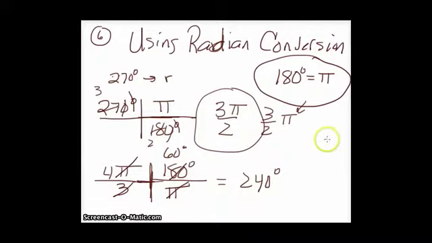Notice that in the first case we converted from degrees to radians. And down here at the bottom, we converted from radians to degrees. So this is an important aspect of using radian measures, and in this case, we're calling it converting.